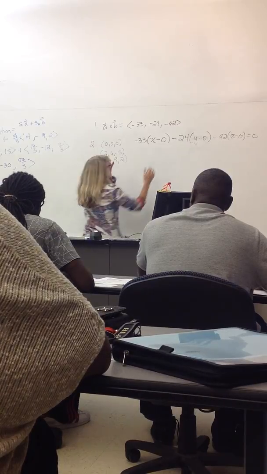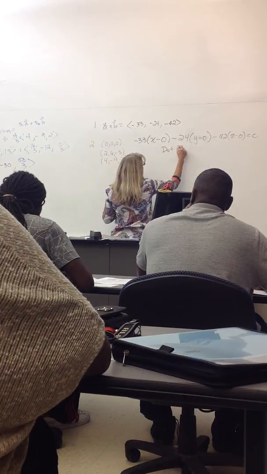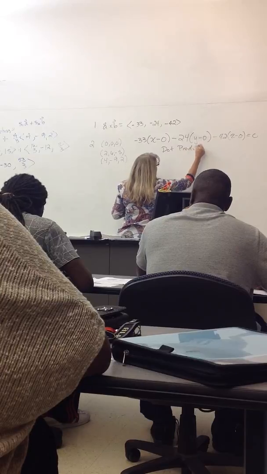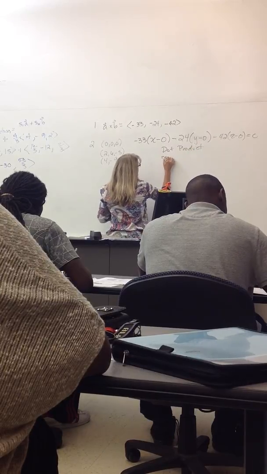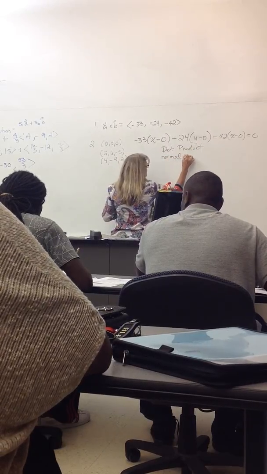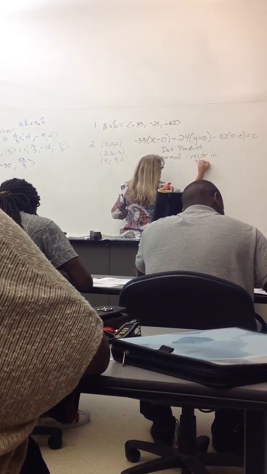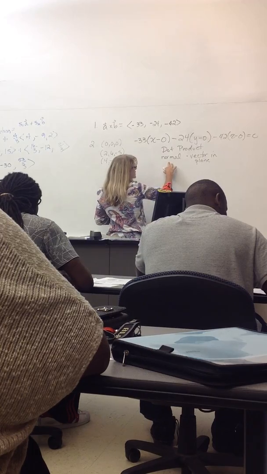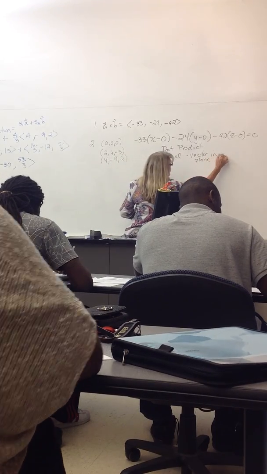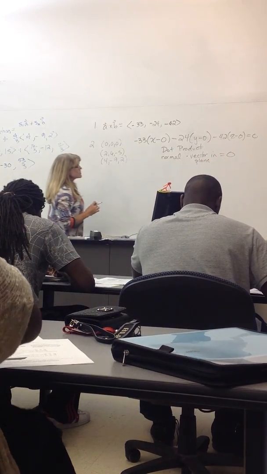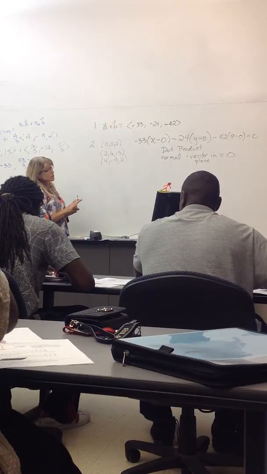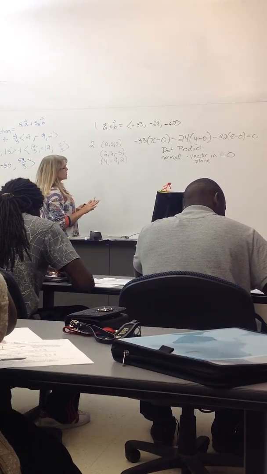What you're actually doing is you're finding the dot product between your normal vector dotted with a vector you know is in the plane. And because the normal vector is perpendicular to the plane, we know that that dot product should be 0. That's the logic we're using to form the equation.